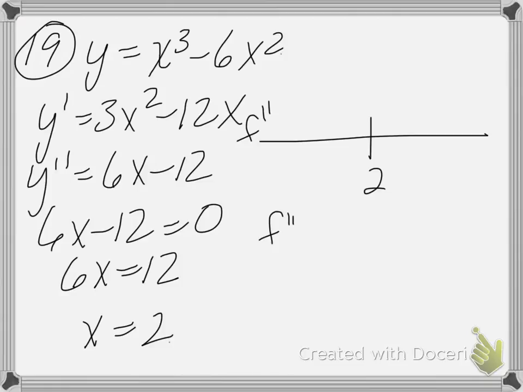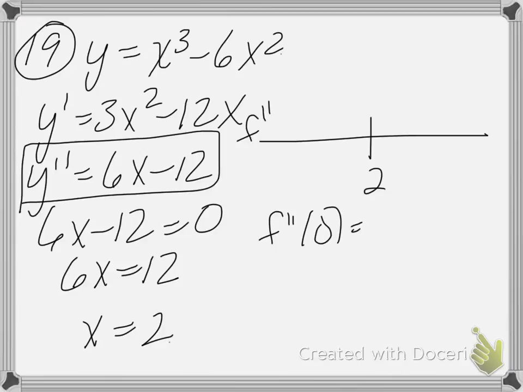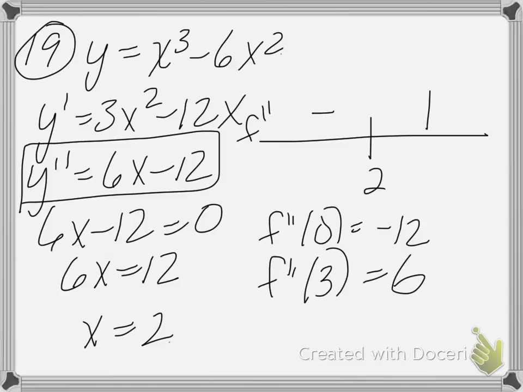So if you do f double prime of 0, you're substituting into the second derivative. You get negative 12. Okay, and then if you try f double prime of 3, you'll get 6, it's positive. So that means that when x equals 2, that's a point of inflection.